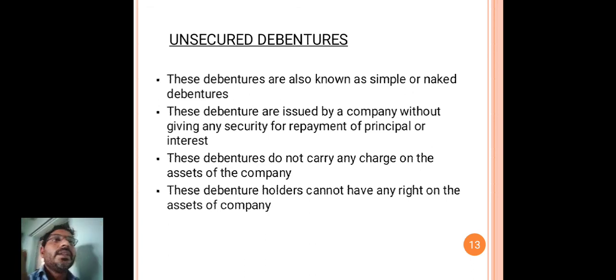So here the secured debenture holders have a charge over the assets of a company, while the unsecured debentures are issued without any security. These debenture holders cannot have any right on the assets of the company.